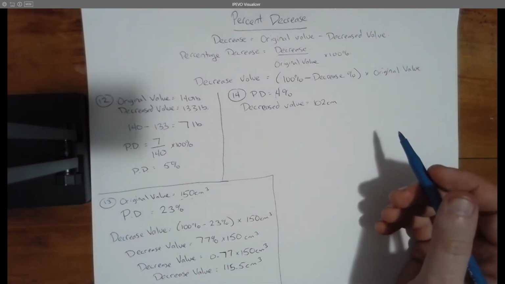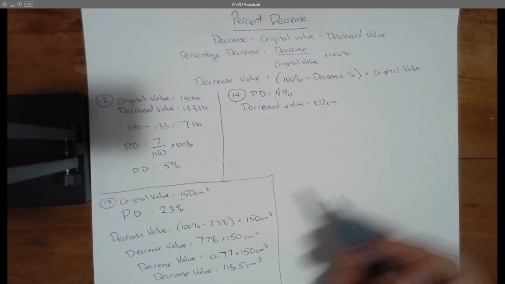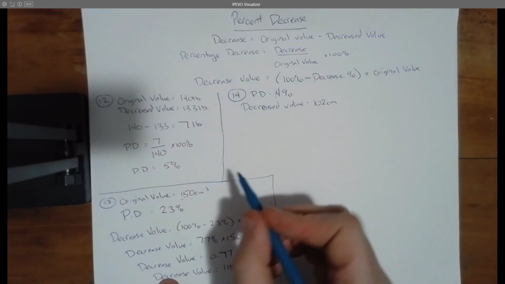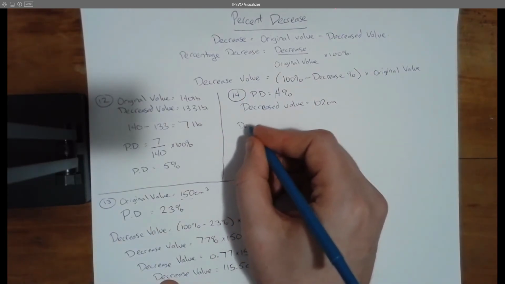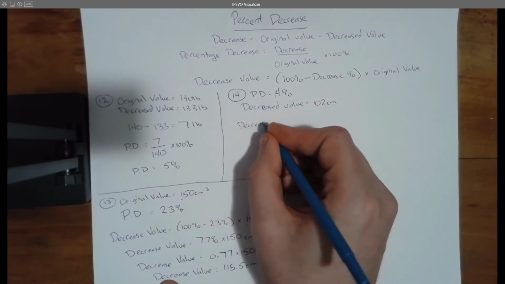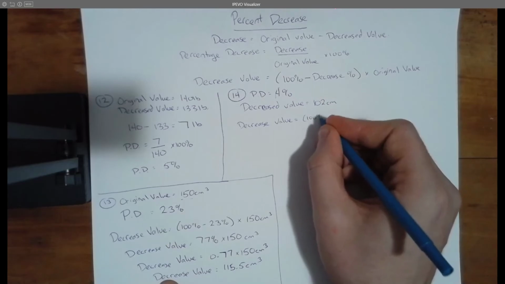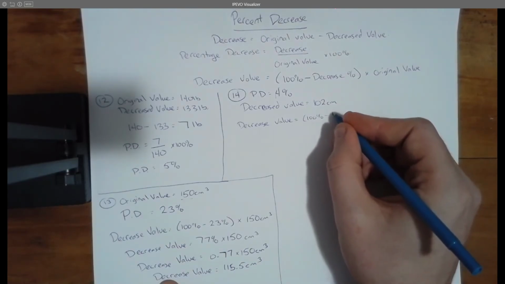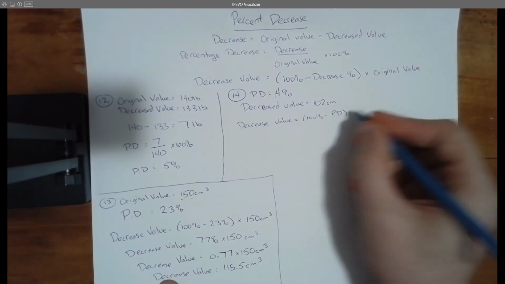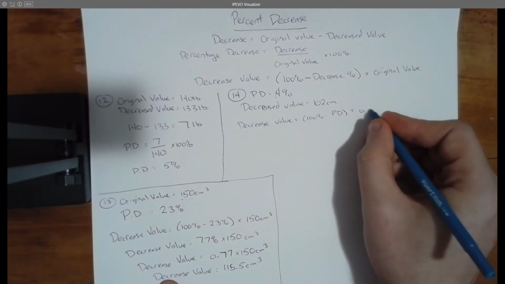In order to figure this out, we are going to use this decrease value formula once again. Decrease value equals 100% minus the percent decrease times the original value.